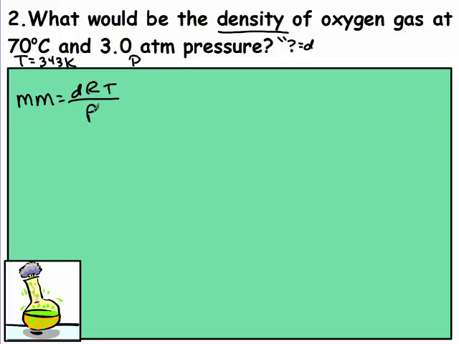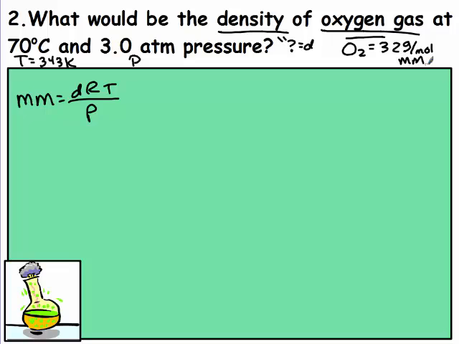But they didn't give me molar mass. A lot of times the problem will not give you molar mass because they give you what your substance is. Because I know I have oxygen gas, I know oxygen gas is diatomic, so I can find the molar mass from the periodic table. 16 times 2 is 32 grams per mole.